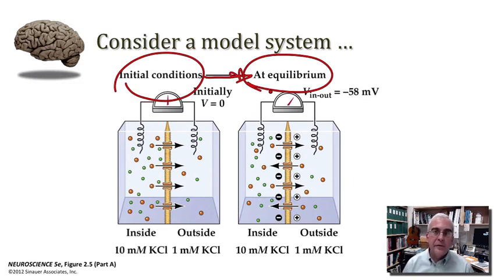Now, what will happen? Well, potassium ions will move, and potassium ions carry a positive charge. So as potassium ions diffuse down their concentration gradient, what we will discover is the accumulation of positive charge on the right side of this membrane. That is, the right side of this membrane will become slightly positive relative to the left.